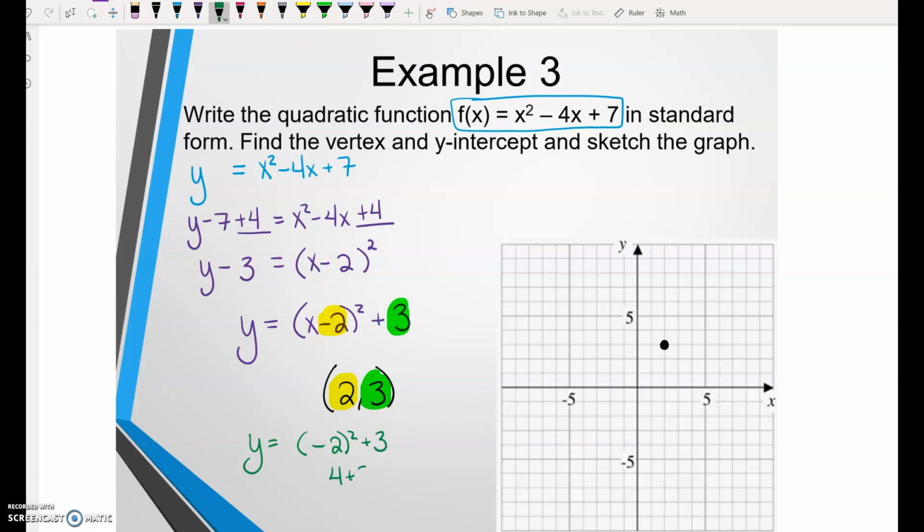Negative 2 squared is 4. 4 plus 3 is 7. Helpful hint, this number, when it's written expanded like this, that number is the y-intercept. That's the one nice thing about that form, is that it tells you the y-intercept. Our vertex gives us the symmetry line, so we need to take that y-intercept and reflect it over, and then we can draw in our parabola.